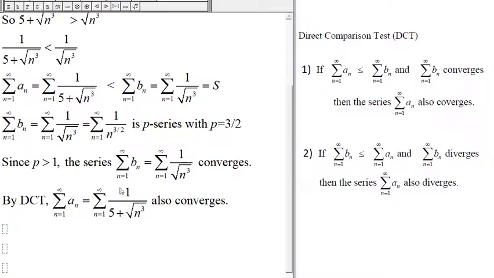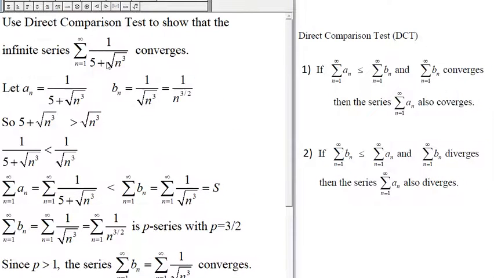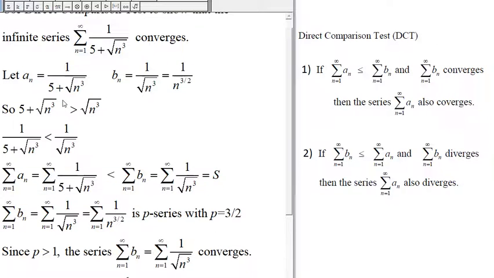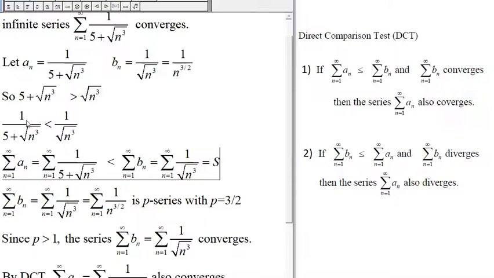And again, once more, if we want to show this series right here converges, then we call this A sub n. And then we need to come up with the sequence B sub n that is similar. So in this case, we let B sub n be the sequence without this 5 right here. And that will lead to 1 divided by 5 plus the square root of n to the third being less than 1 divided by the square root of n to the third.